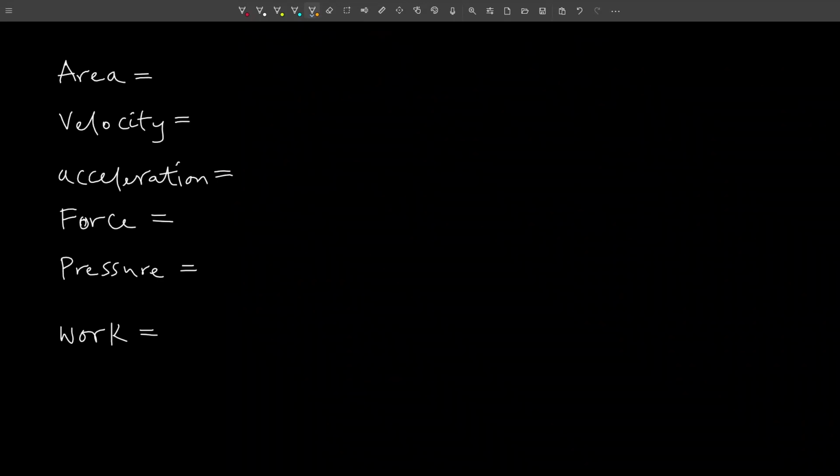So let's take a look at some derived quantities. First, we have area. Area is defined as length times breadth. So what will be the dimension of area?